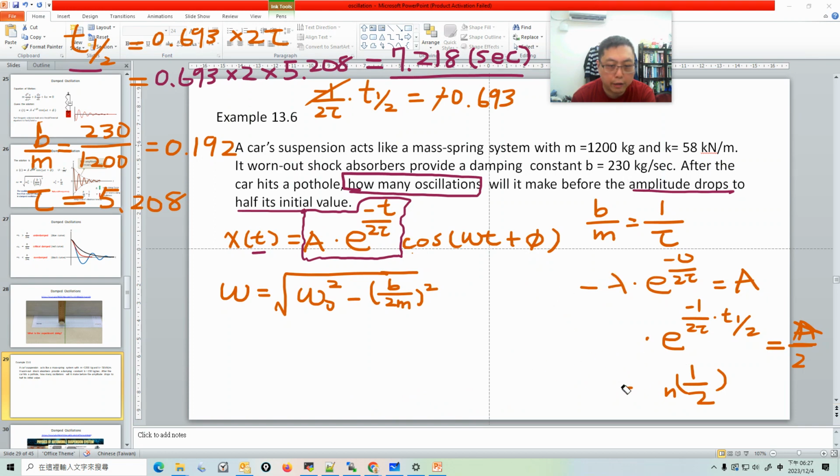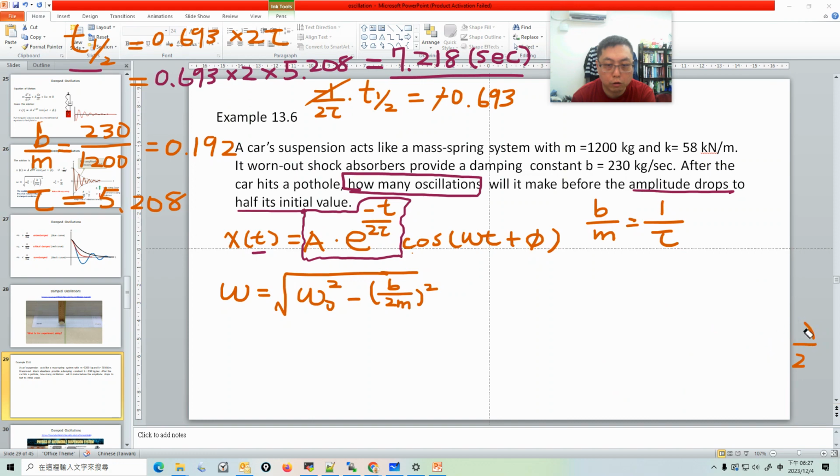We have the time when the amplitude drops to half of its initial value, but how do we convert this to oscillations? Have you figured that out? I'll just tell you the answer.